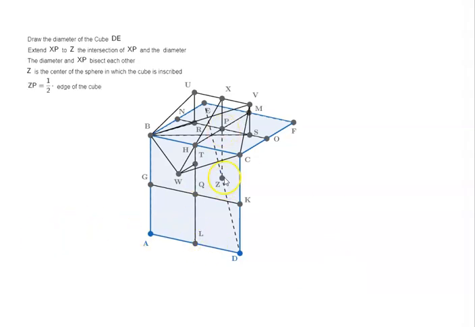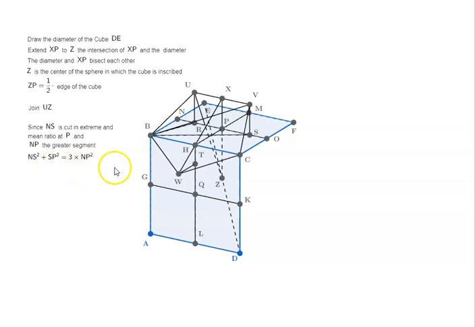We know that ZP is equal to half of the edge of the cube. Edge of the cube is BC or BA or DC, any one side of the cube. Join UZ, since NS is cut in extreme and mean ratio at P, and NP is the greater segment.